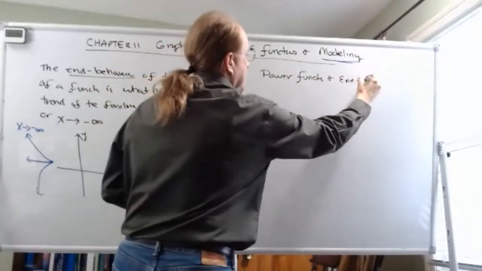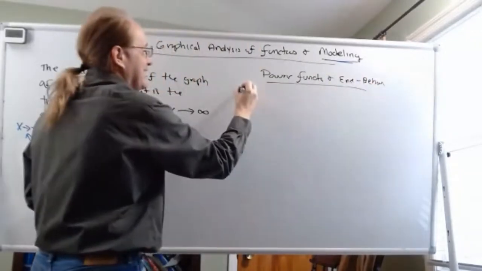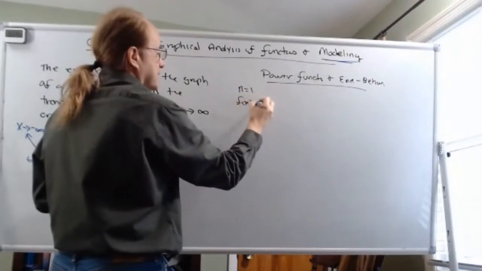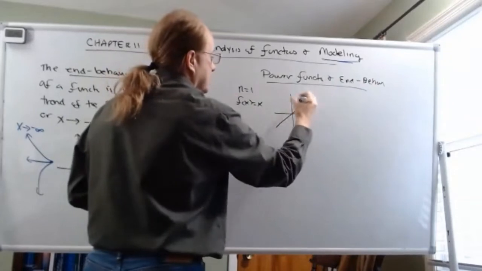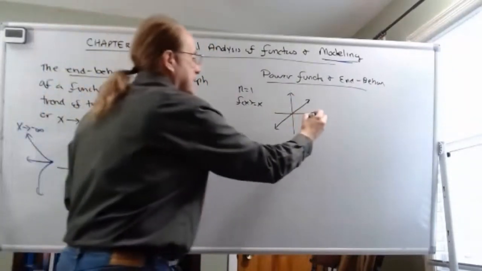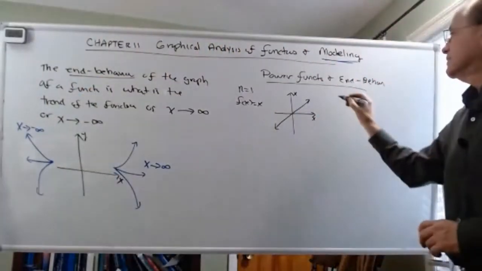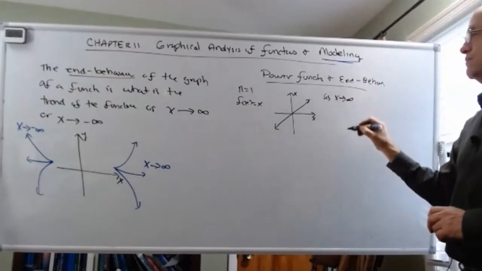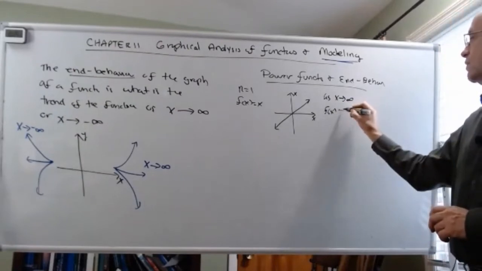And end behavior. So again, n is equal to 1, and I get f of x is simply equal to x. Here's my function. So what we would say over here is, as x goes to infinity, so as x gets larger and goes towards infinity, my f of x also goes to infinity.